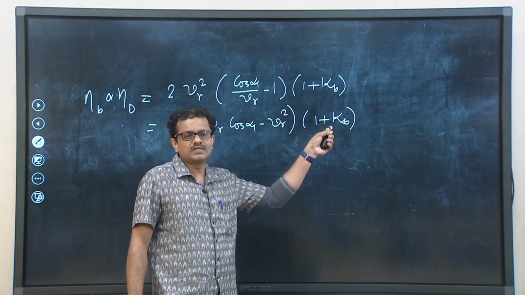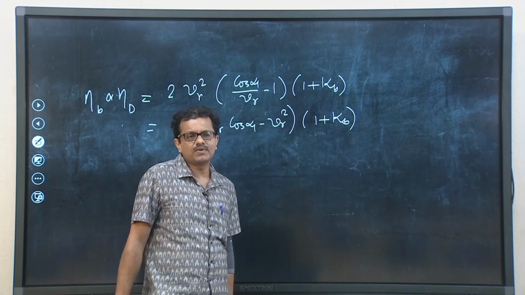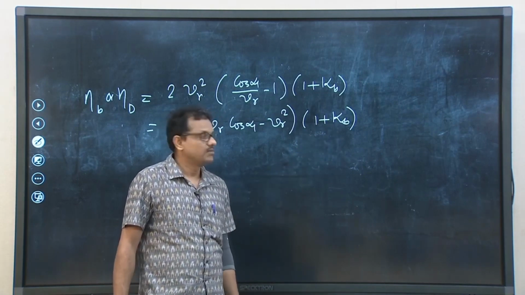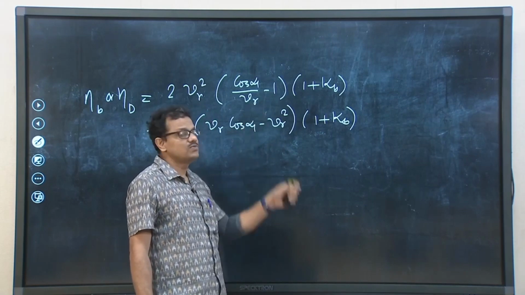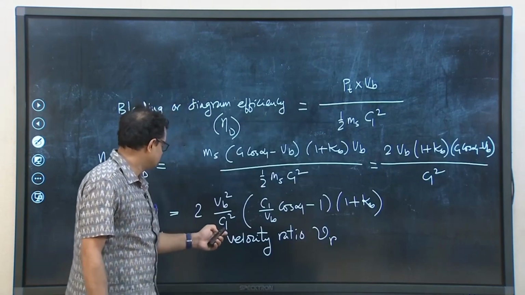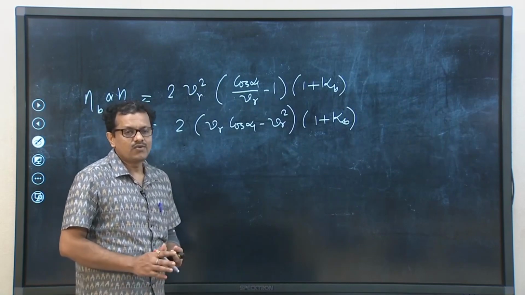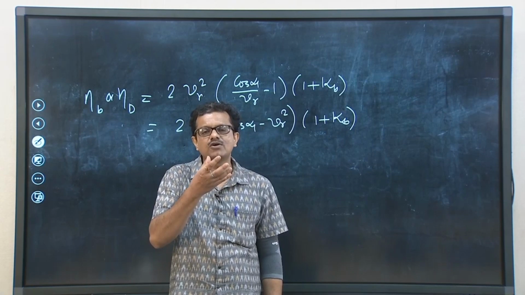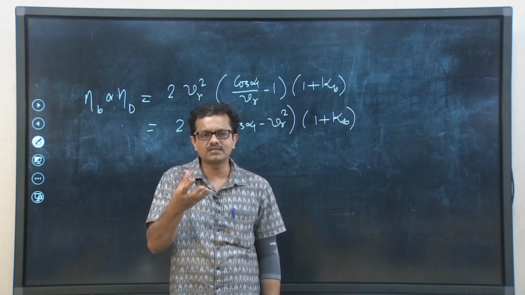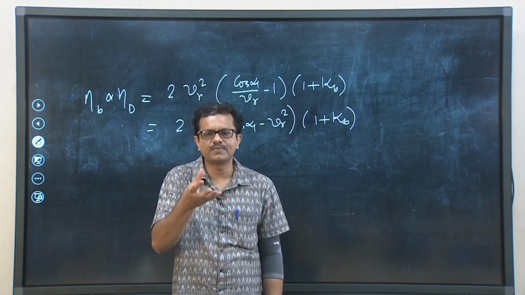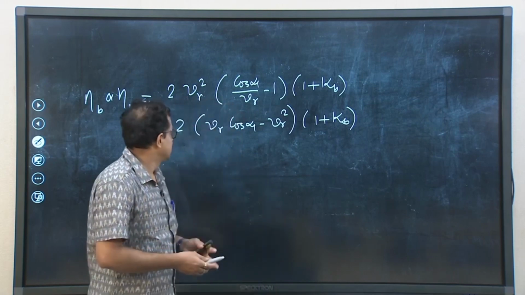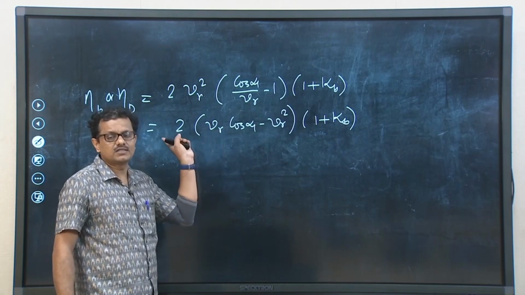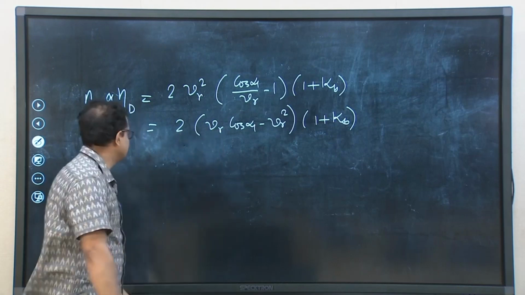Kb is the blade friction coefficient, which cannot be equal to 1, but the ideal situation would be to maintain Kb equal to 1. But at least this Vr, that is Vb by C1. Why is C1 important? Because the nozzle steam jet is coming out from the flow nozzle and striking the turbine blades, so there would be a certain amount of loss of energy. So, what would be the optimum velocity ratio for which this efficiency should be maximum?